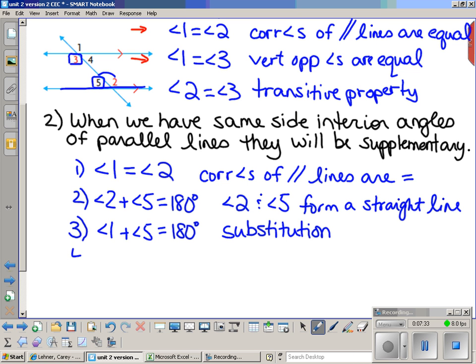What is something else we know? Remember, our ultimate goal is to show that 3 plus 5 is 180. We also know that angle 1 is going to be equal to angle 3 because they are vertically opposite angles.